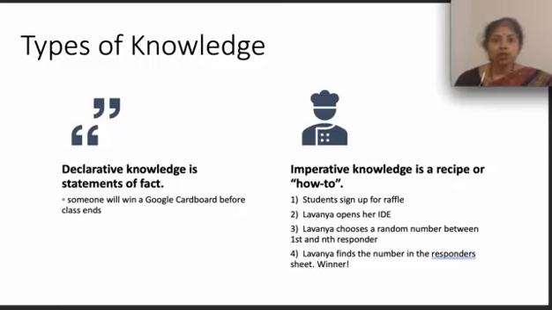Similarly, imperative knowledge, how to do actually, what is the step-by-step procedure for performing something. Say for making tea, what is the recipe? So how to do things will be indicated by imperative knowledge, and the facts are declared by the declarative knowledge.